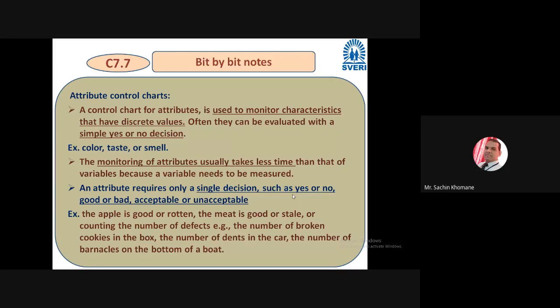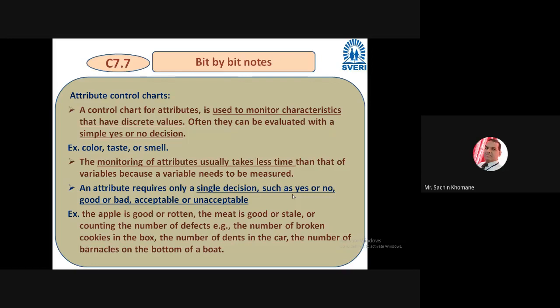The monitoring of the attribute usually takes less time. Why? Because you just have to answer yes or no. But in the earlier case, in variable charts, you have to actually measure the diameter of the shaft, the volume of the shaft, right? So you have to measure all things, and you have to take so many samples and so many readings. That's why it takes time.